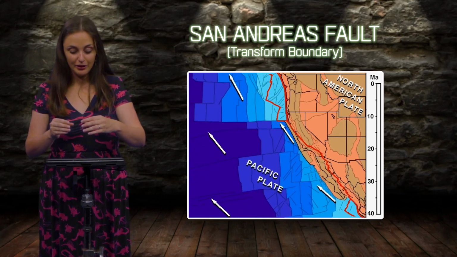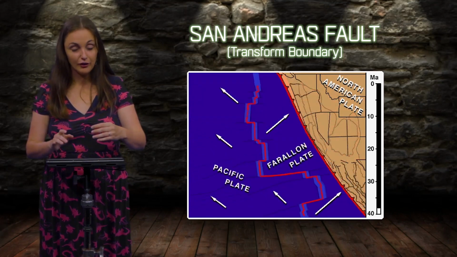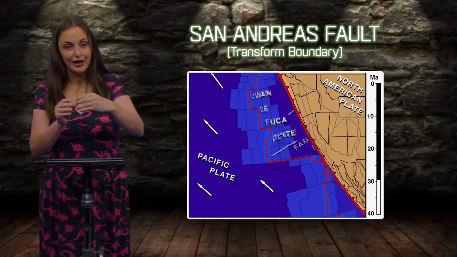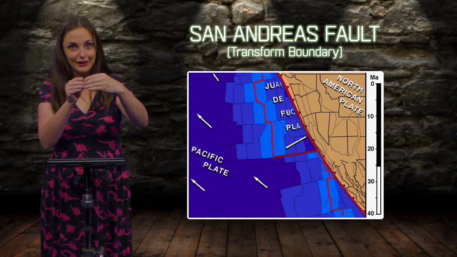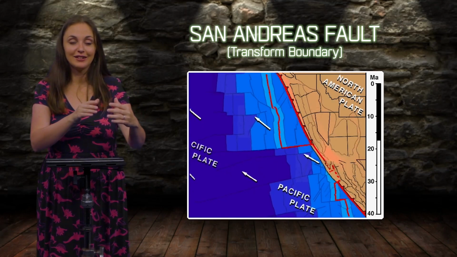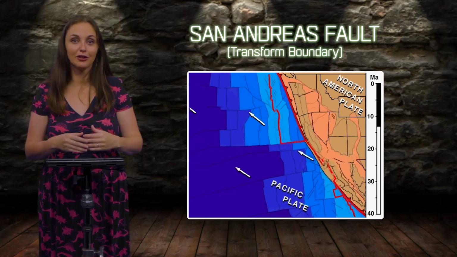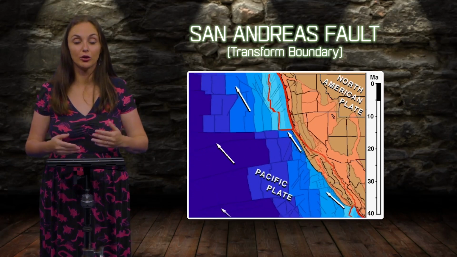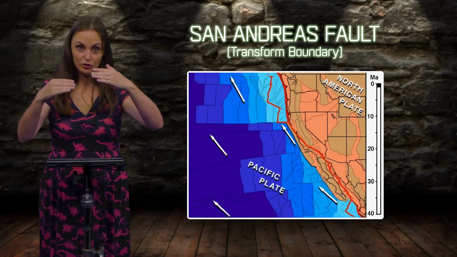So really what's happening is that all of Southern California is essentially sliding down the coast. Everything on the west side of the San Andreas Fault is sliding comparatively to the other side. So that's always what you want to keep thinking of with the transform plate boundary. It's this sliding motion.